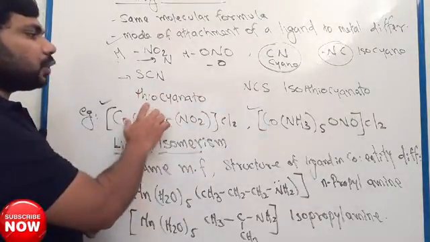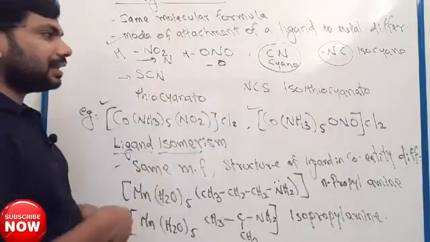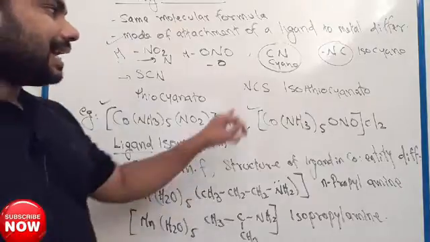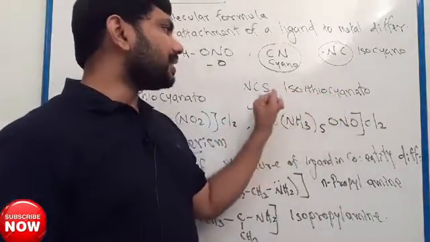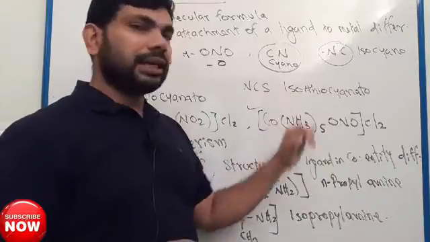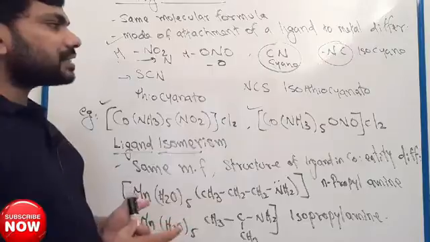SCN is thiocyanato, and NCS means isothiocyanato. So these are different ambidentate ligands.